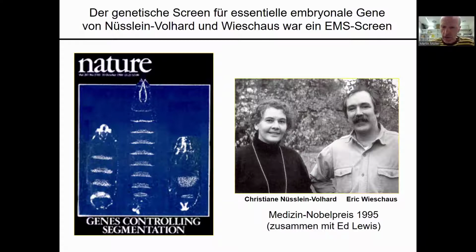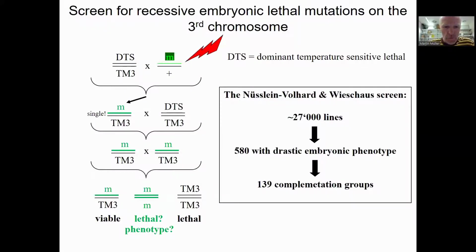And they obtained, for their work, the Nobel Prize 25 years ago. So this was the slide that I showed you, and I will conclude this presentation by quickly going through the crossing scheme and give you the explanations why they did it like this.